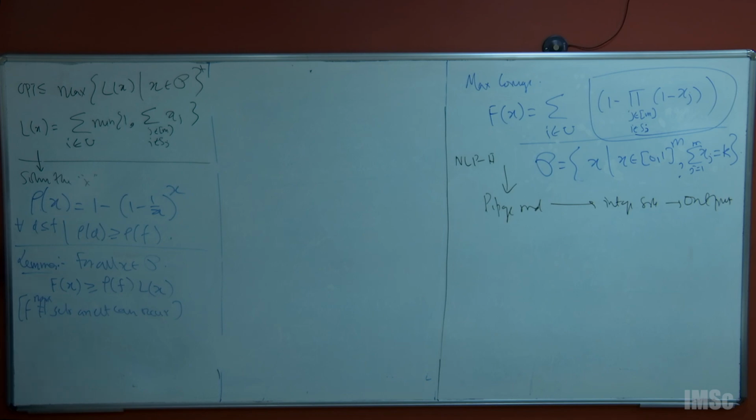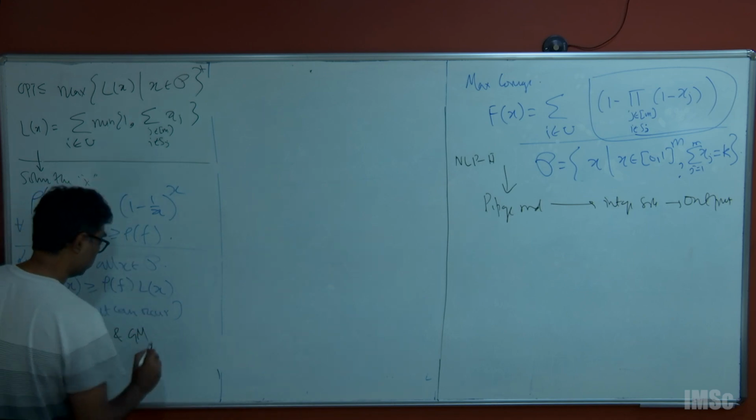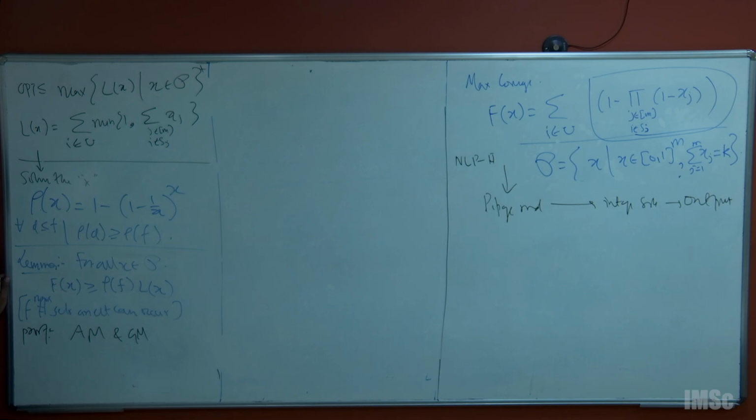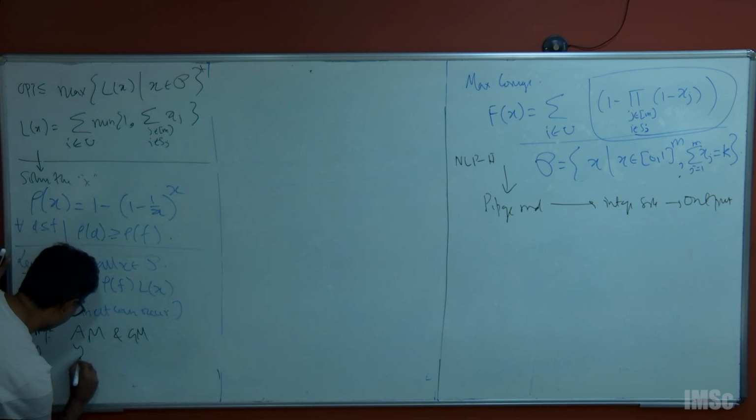So let's try to prove this. Okay. What does AM-GM tell us? Suppose I have n numbers y1 to yn.